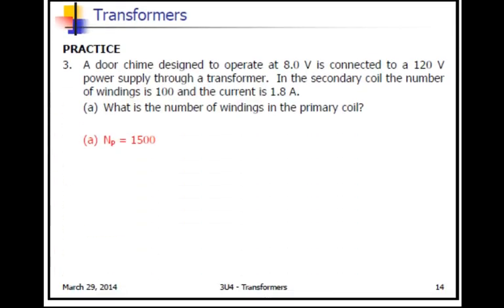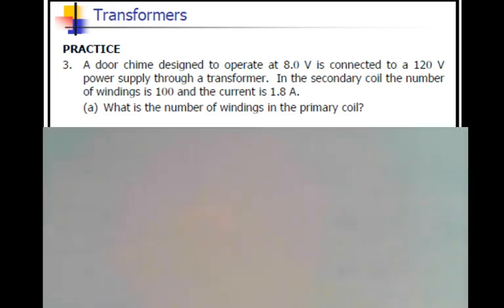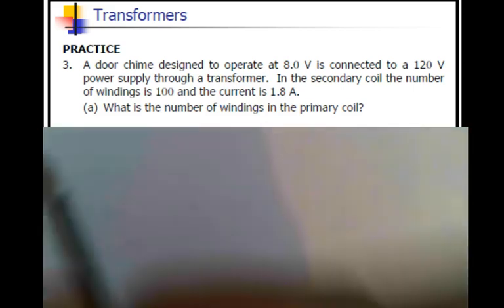Number 3, this one says we have a door chime designed to operate at 8 volts connected to a 120 volt power supply through a transformer. In the secondary coil, the number of windings is 100 and the current is 1.8. So let's solve this here.